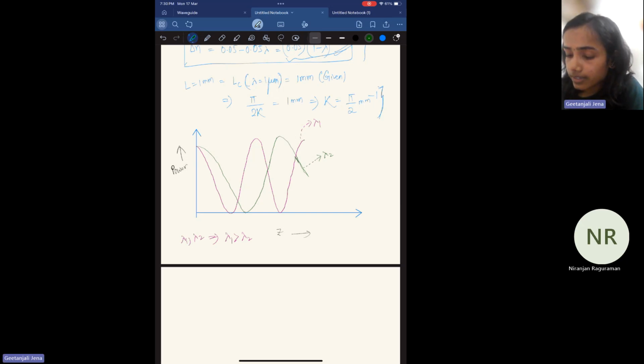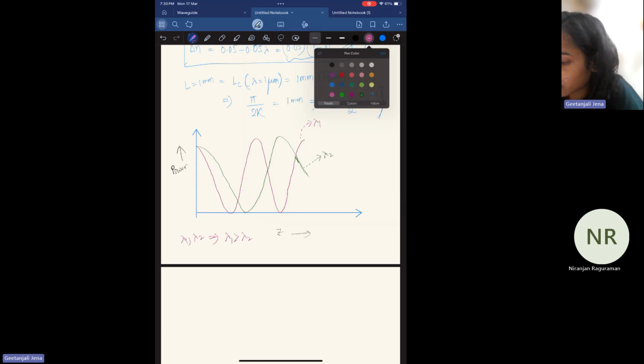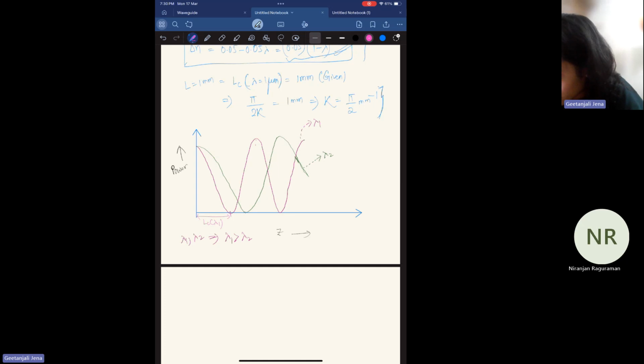In this graph, you can see the coupling length. For lambda 1, these are the coupling lengths. Here we have LC lambda 1. Then again, here also, this is LC lambda 1, and here LC lambda 1.